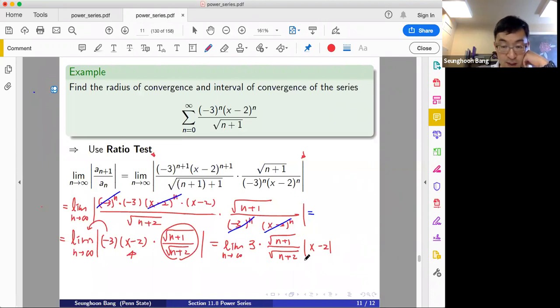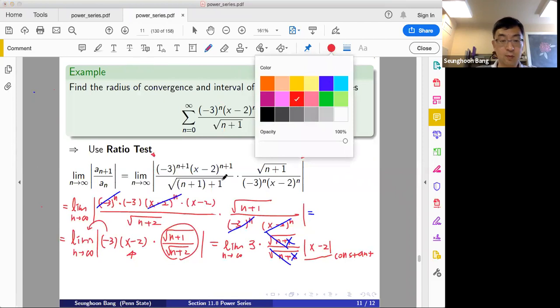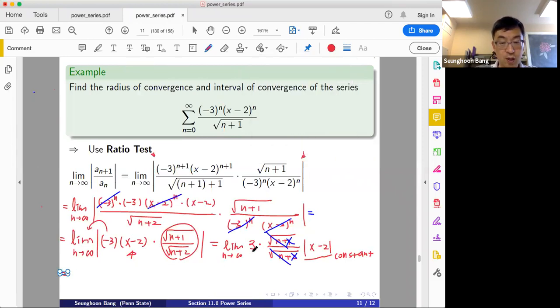The absolute value of x minus 2 is just a constant.